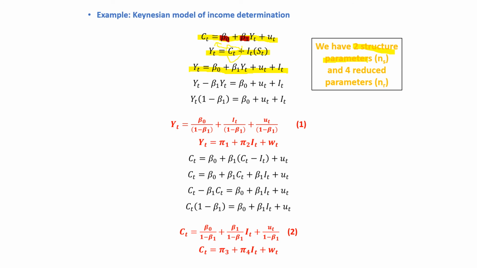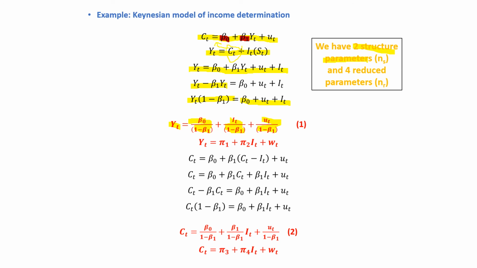So finally Y equals beta naught plus beta 1 Y plus u plus I. And then we have Y minus beta 1 Y equals beta naught plus u plus I. Then taking Y as a common factor, we have Y multiplied by 1 minus beta 1 equals beta naught plus u plus I. So dividing by 1 minus beta 1, we have Y equals beta naught over 1 minus beta 1, plus I over 1 minus beta 1, plus u over 1 minus beta 1.